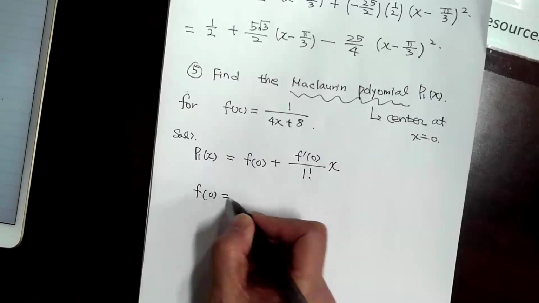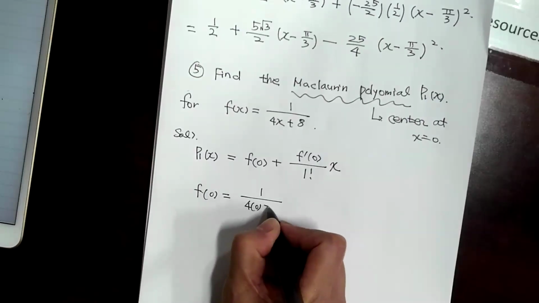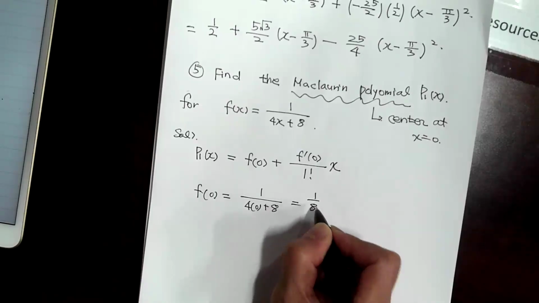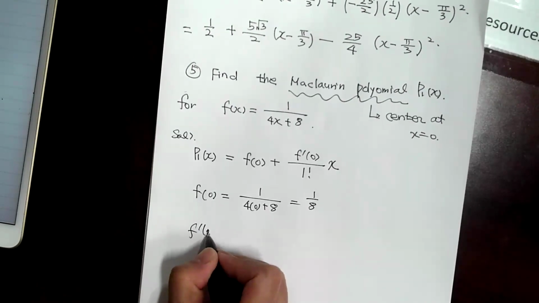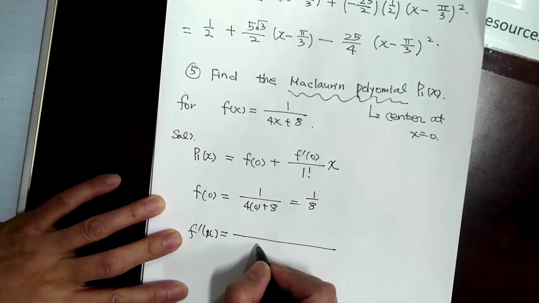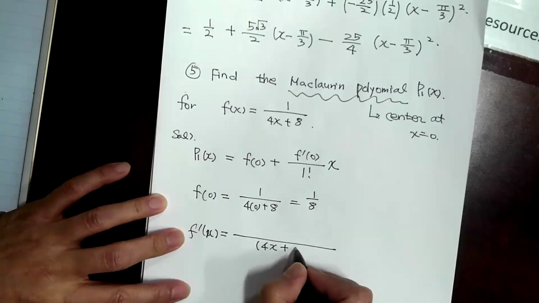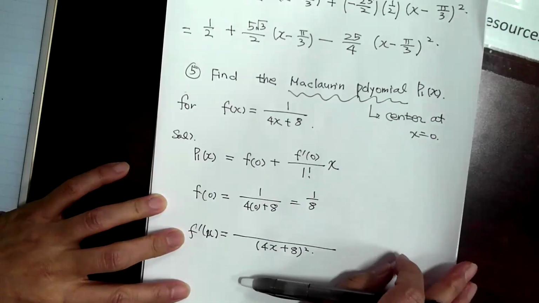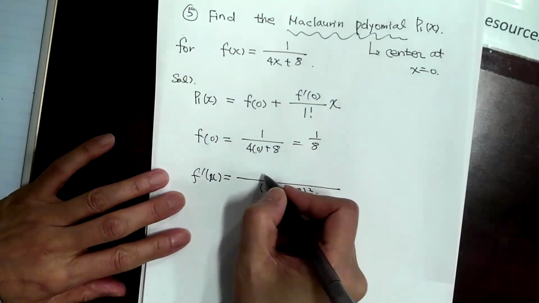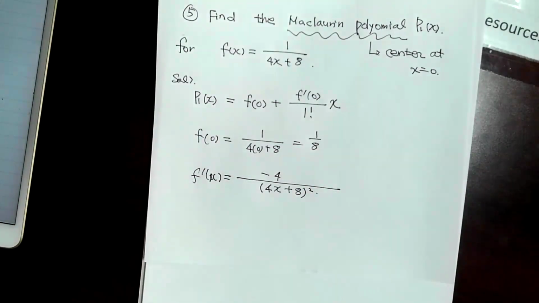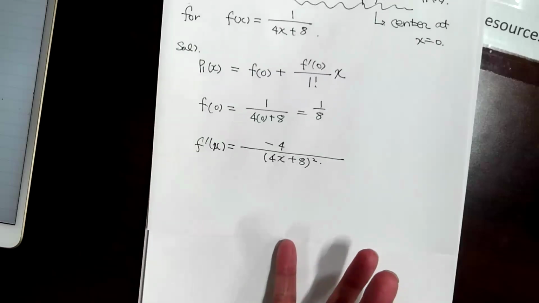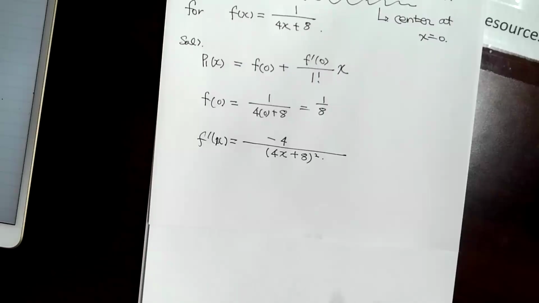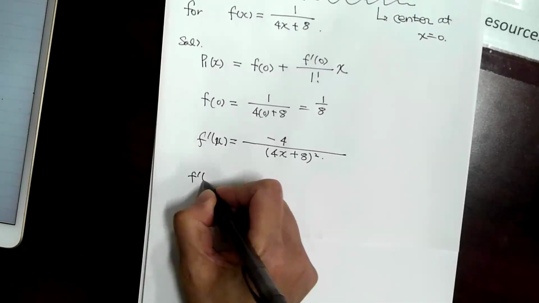F of 0 equals 1 over 4 times 0 plus 8, which is 1 over 8. And f prime of x has the denominator squared, and the numerator is minus 4. So what is the value at 0?